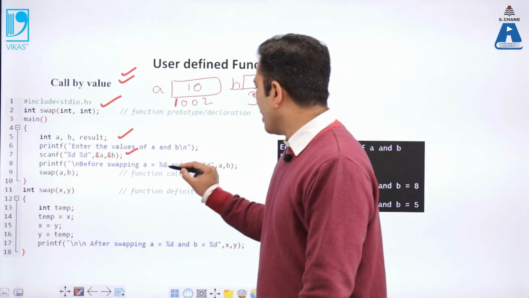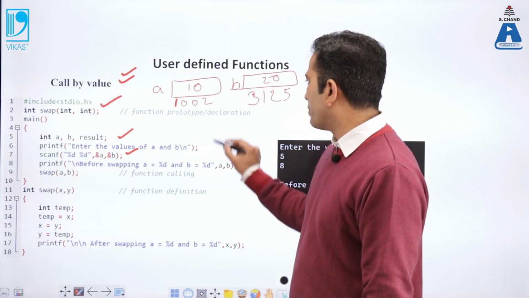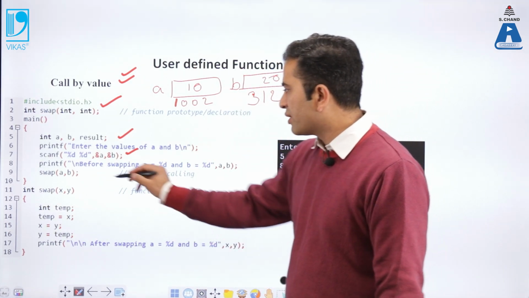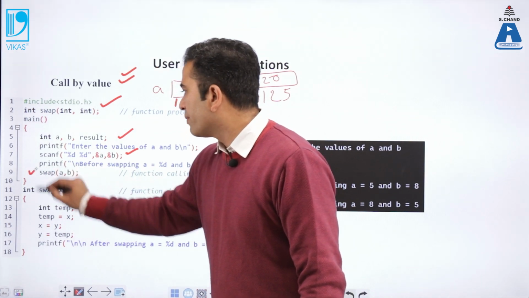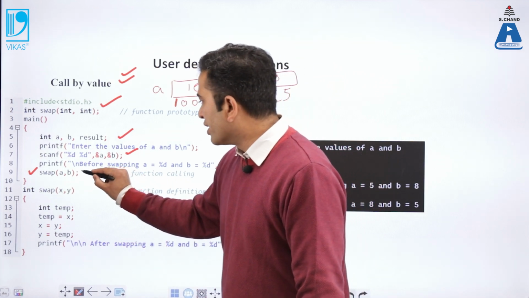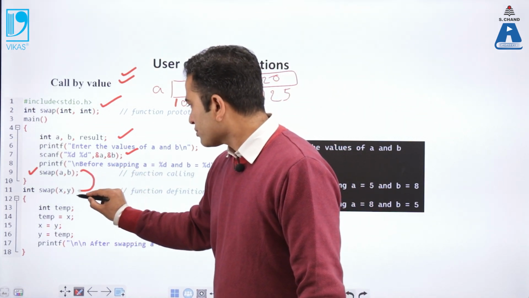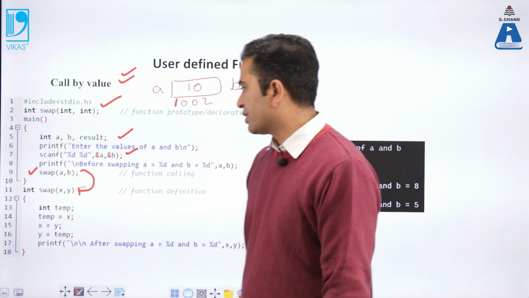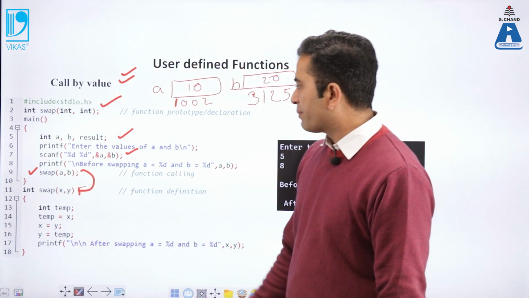So before swapping, when the output is printed, it prints 10 and 20. Now after this, swap A comma B. Swap A comma B, this is called the function call. It goes to the function definition. So in the function definition, what happens?